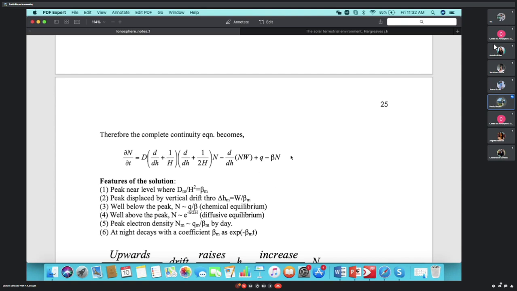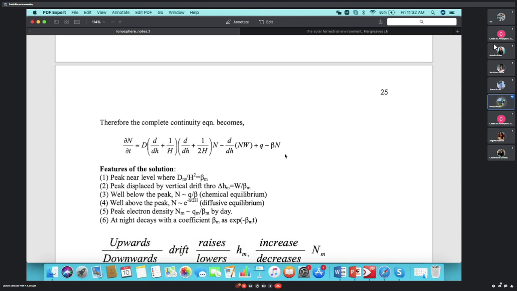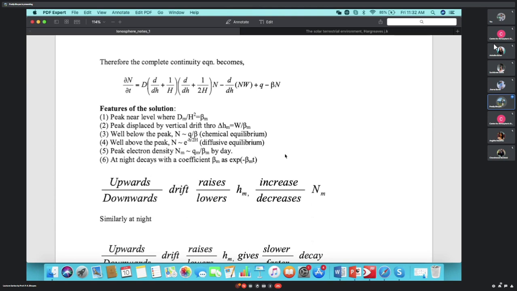Therefore, if we can solve this equation, we will get a peak maximum. Solve this means the maximum will be where del n del t is equal to 0, when there is no change of n with respect to t.